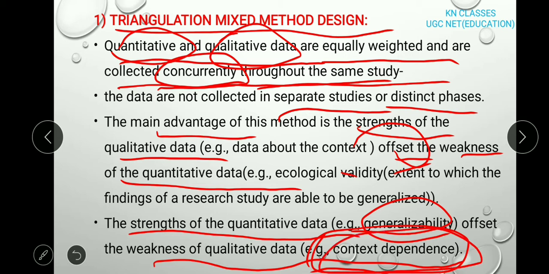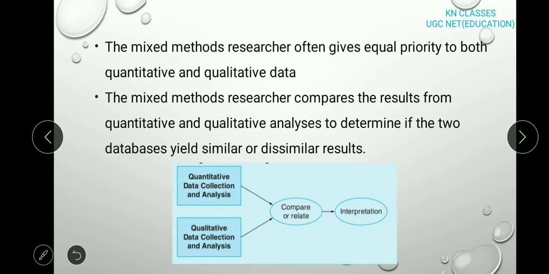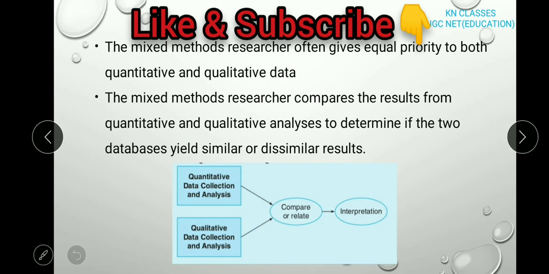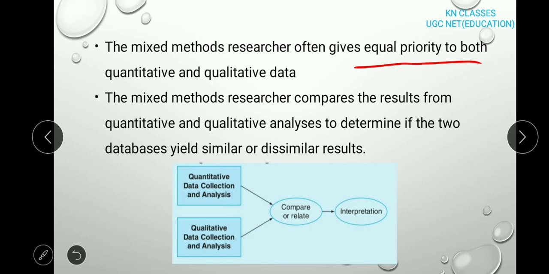If you mix both types of data, then the quantitative data will overcome the weaknesses of qualitative data. Next, the mixed method researcher often gives equal priority to both types of data. Clear? And the researcher compares the results from quantitative and qualitative analysis to determine if the two bases yield similar or dissimilar results.